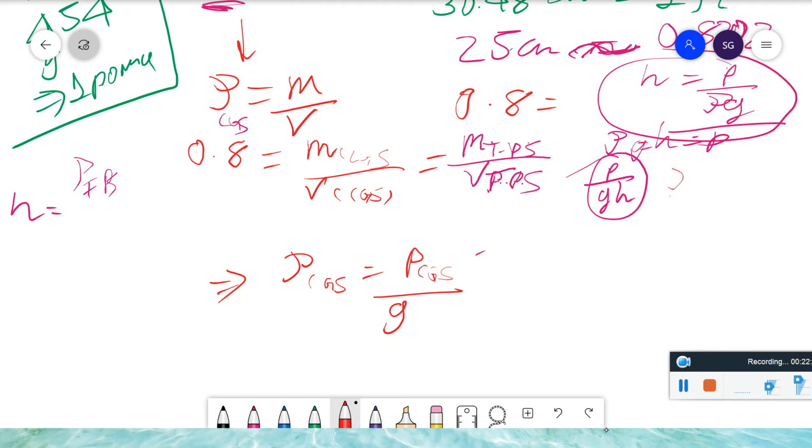Yes, correct. Fine. This we can write, and we are more interested in converting it. P in CGS is just in centimeter, and this is given as 25 upon 9.81. Sorry, pressure is given or not?